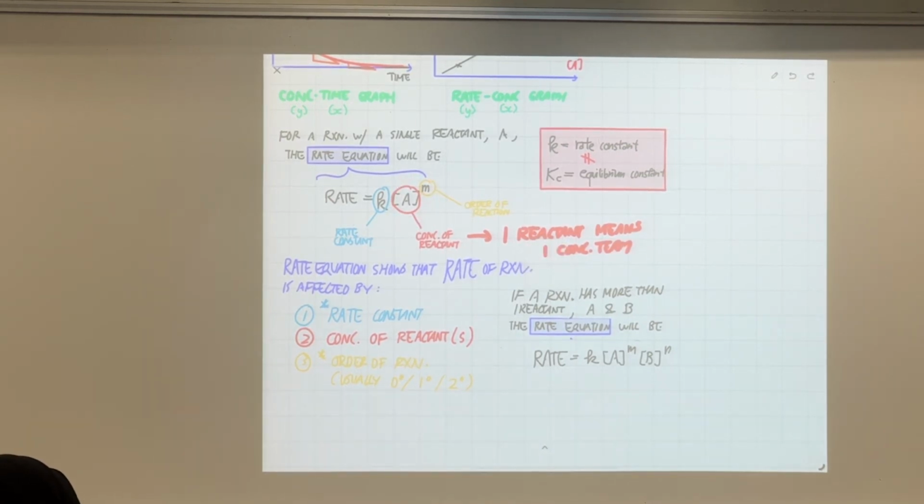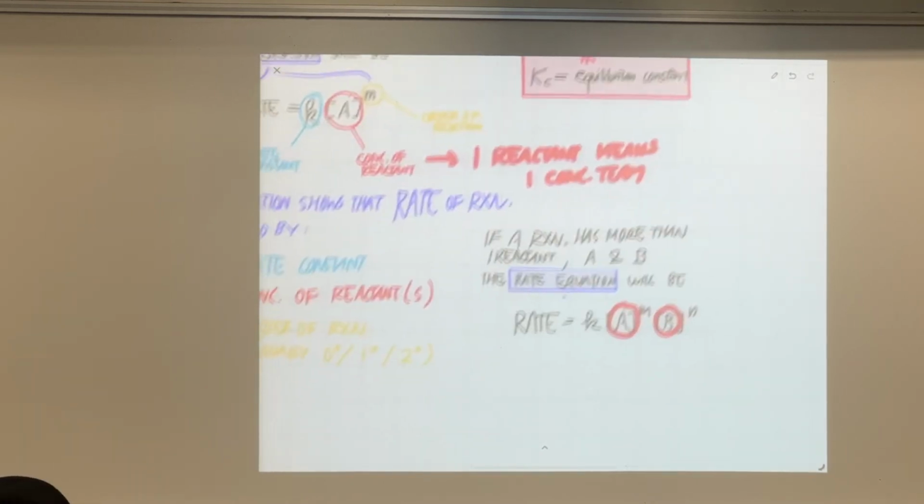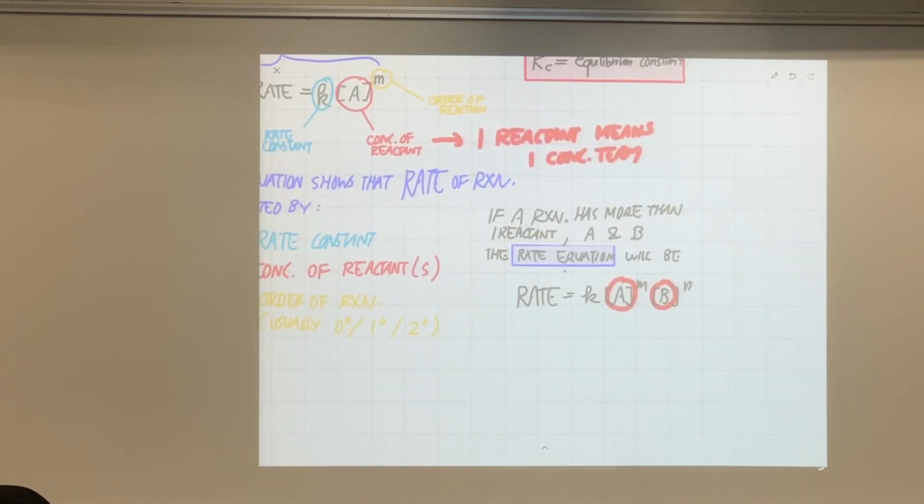But then why are you seeing two concentration terms here this time? Because some other reactions may have more than one reactant, right? More often than not, there are a lot of reactions that have more than one reactant. So you have two reactants.